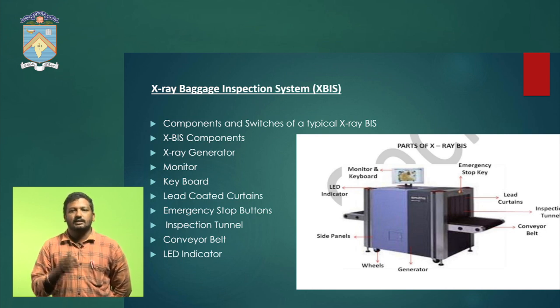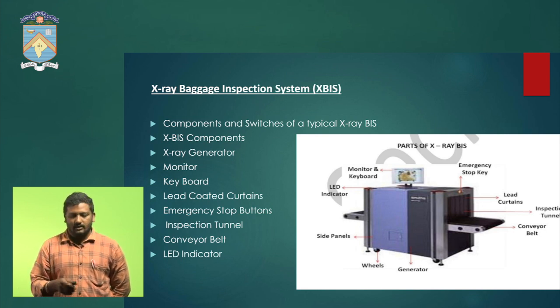We need to check inside the tunnel whether any object is there while we switch on the X-ray. All emergency buttons need to be checked to see whether they are in the released position. We need to perform all the pre-operational checks when we switch on the X-ray machine.